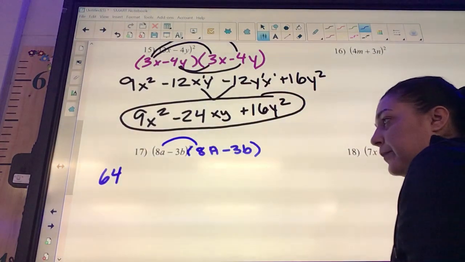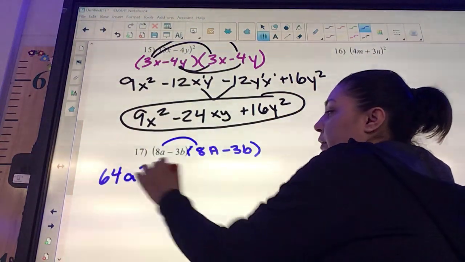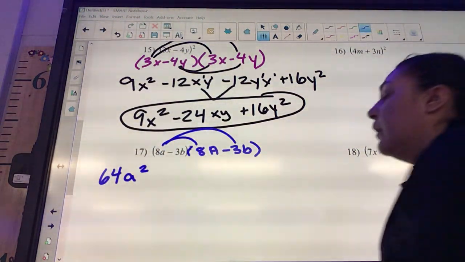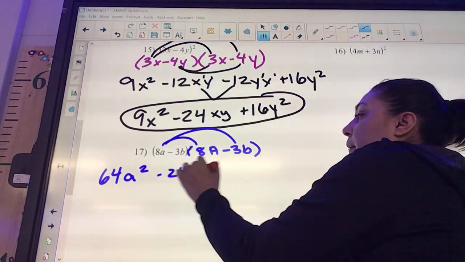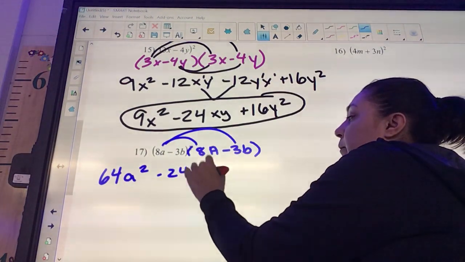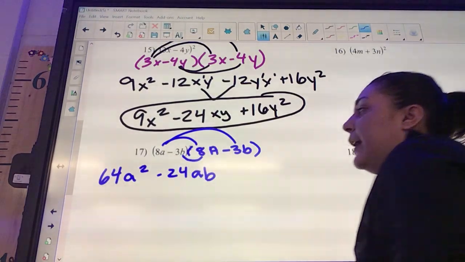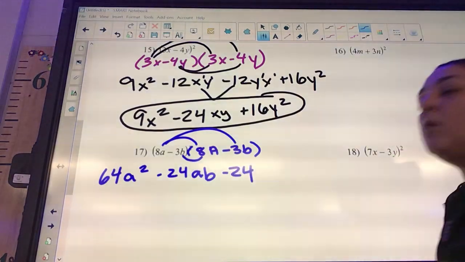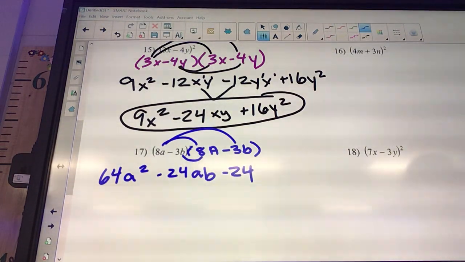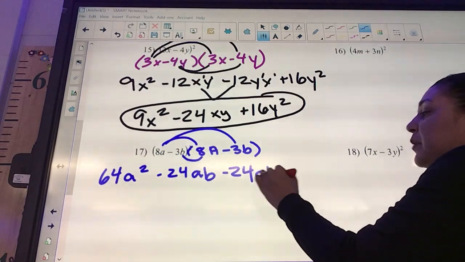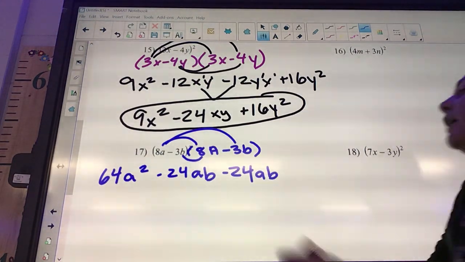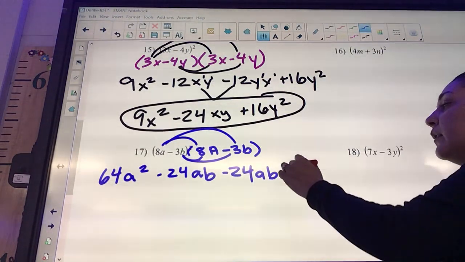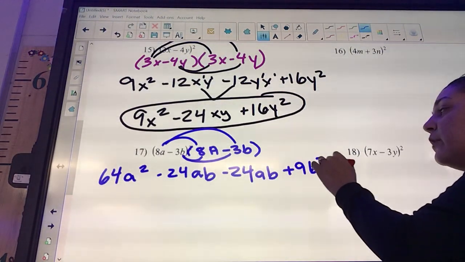How many a's? 2, so we got a squared. 8 times negative 3, negative 24, what? ab. Doing the inners, I got negative 3 times 8, negative 24, what? ab, okay? Or you can put ba, but ab is the proper way, okay? And then we got negative 3 times negative 3. It's going to be positive 9b squared.